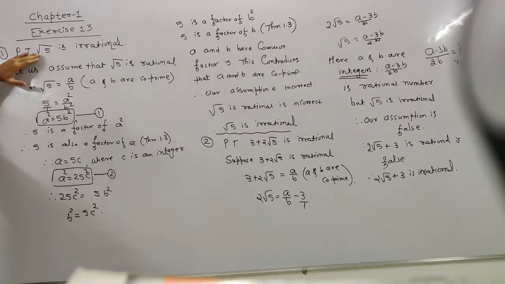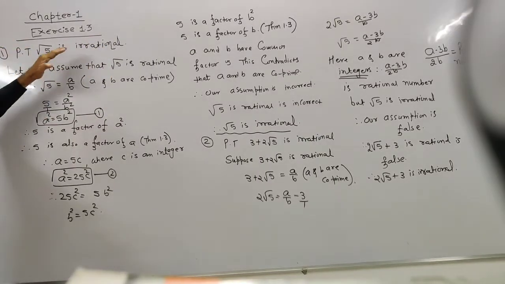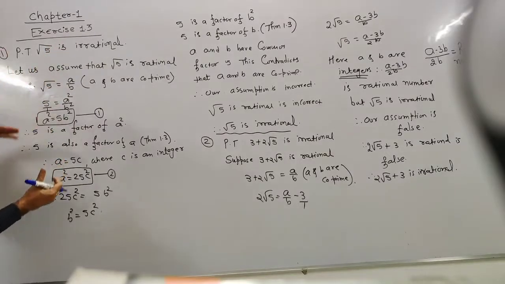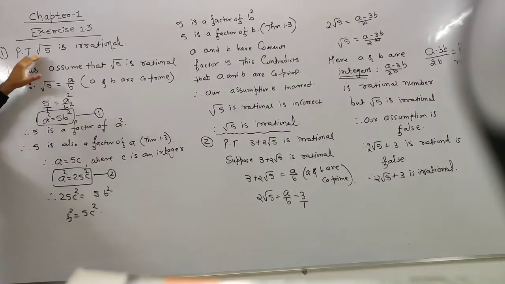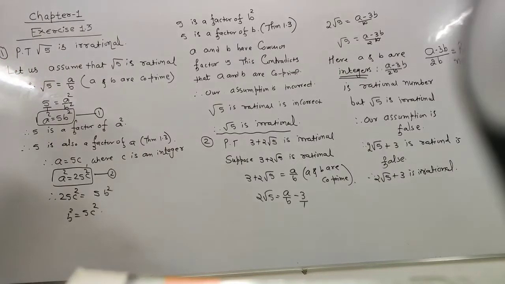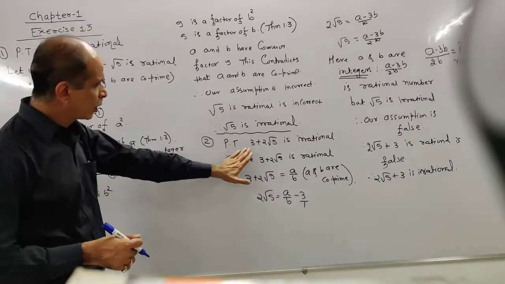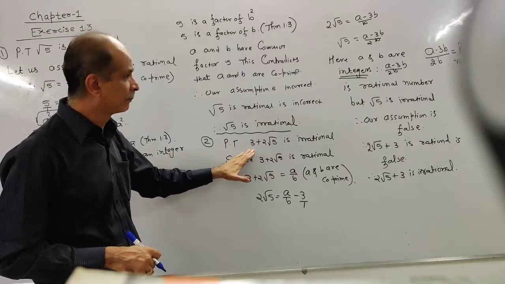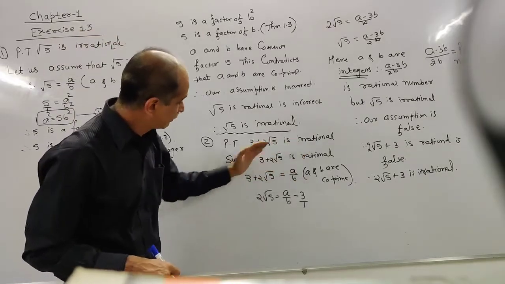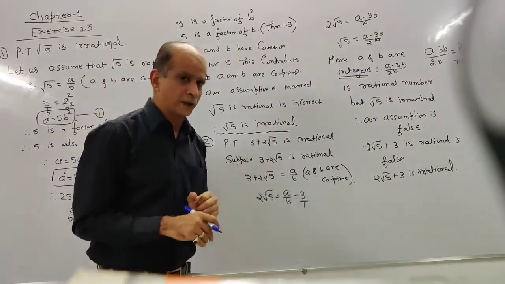You can also prove that root 7 is an irrational number. You have to use the same procedure. So this method can be used for root 2, root 3, root 5, even root 7, or for any root 11 number also. Similarly, for any combination of rational and irrational numbers, you can use this method to prove it is irrational.